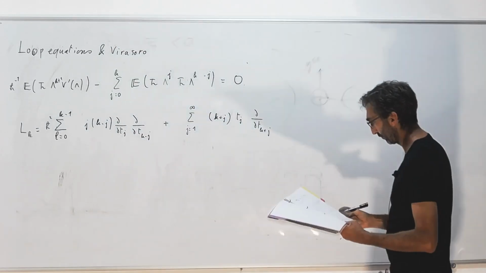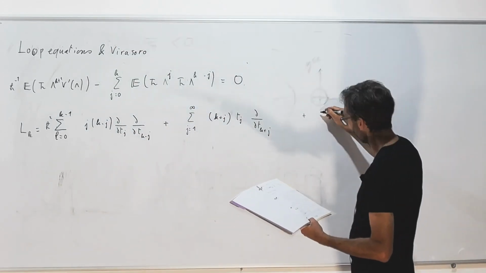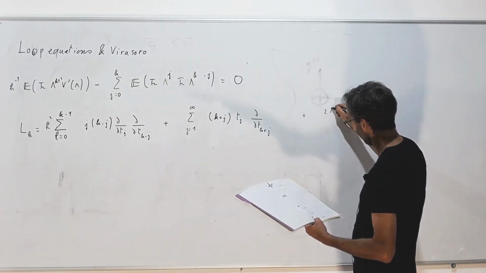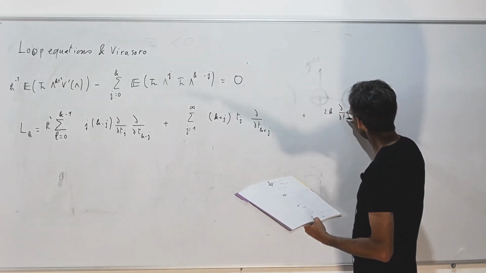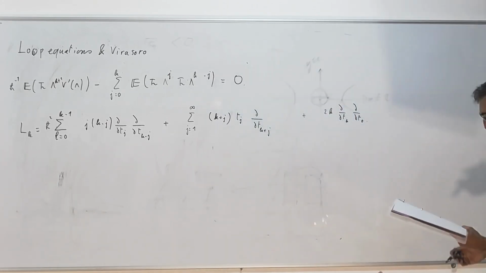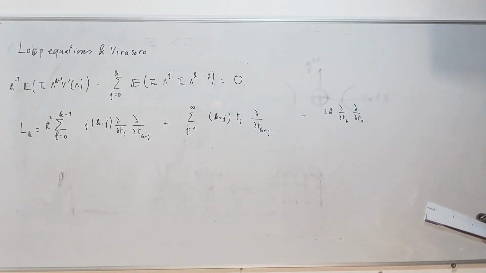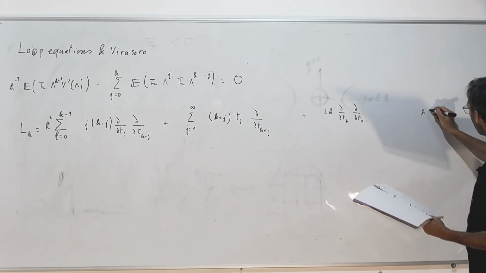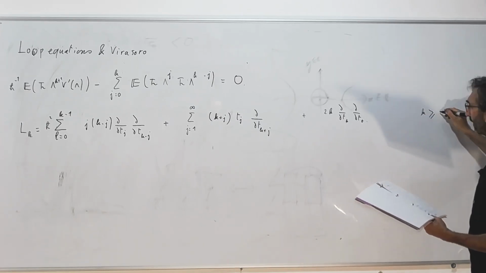Okay, and to be rigorous, I also need plus k d over dtk d over dt0. I hope I didn't get it wrong. And this is really for k larger than 1, I think.